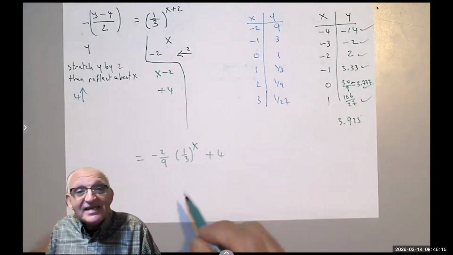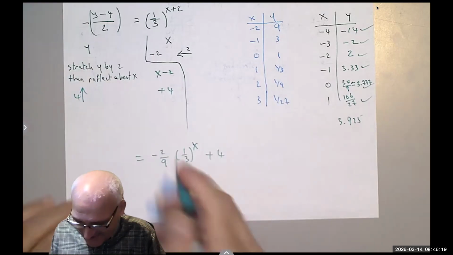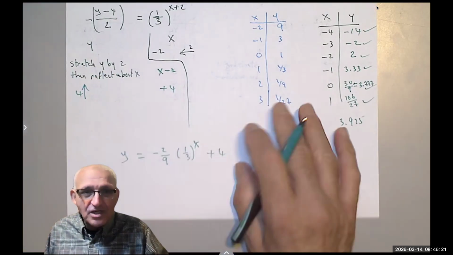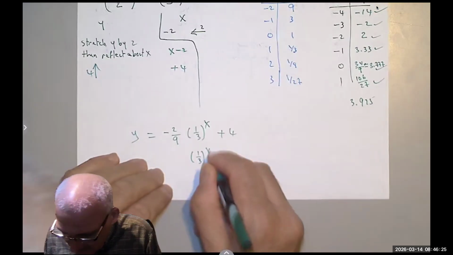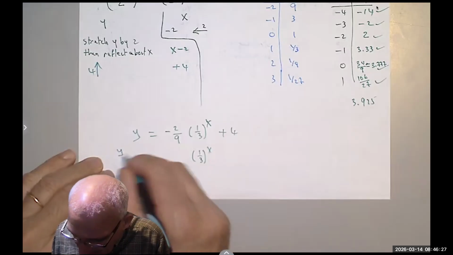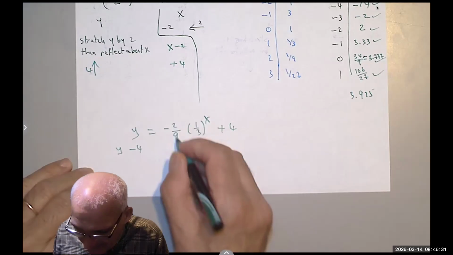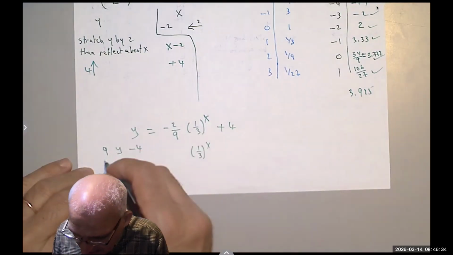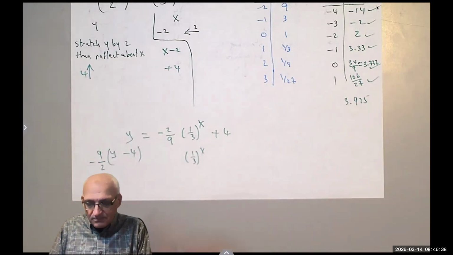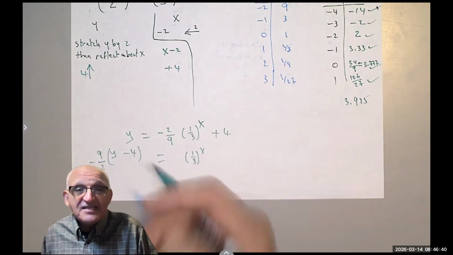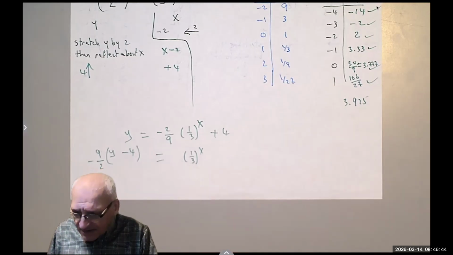But now I can, don't do that at home, I mean at school, because you will get a 0. But I could have said 1/3 to the x, and this is y minus 4 divided by -2/9, meaning -9/2 times that. And I would have explained it differently. I'm not going to do anything to the x. What?